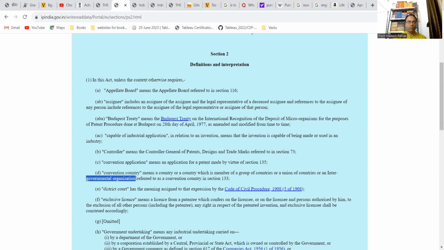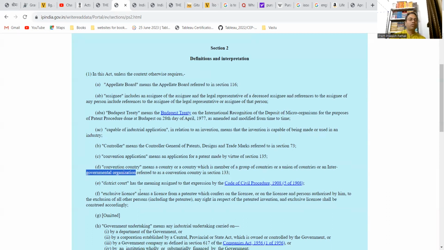It is correct. It is mentioned here that convention country includes an intergovernmental organization. You may get confused because convention country and intergovernmental organization do not sound similar, right? Convention country, and this is an organization. But this is also included under convention country.